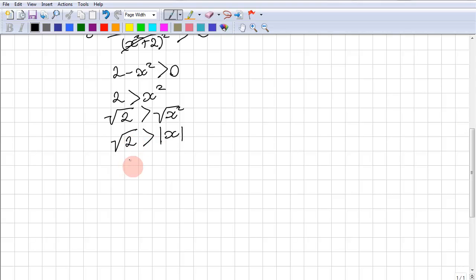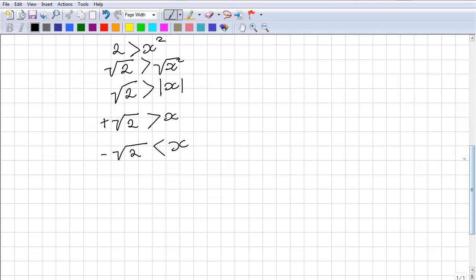So root 2 is greater than x. But when the x is negative in the absolute value, we times everything by negative. So we have negative root 2, and because we're timesing by negative, we swap the inequality. It's less than x.